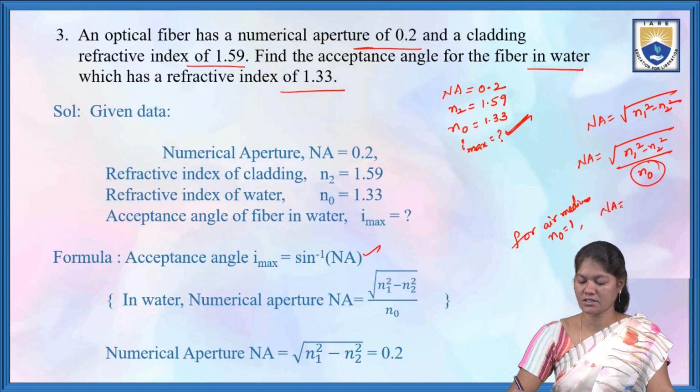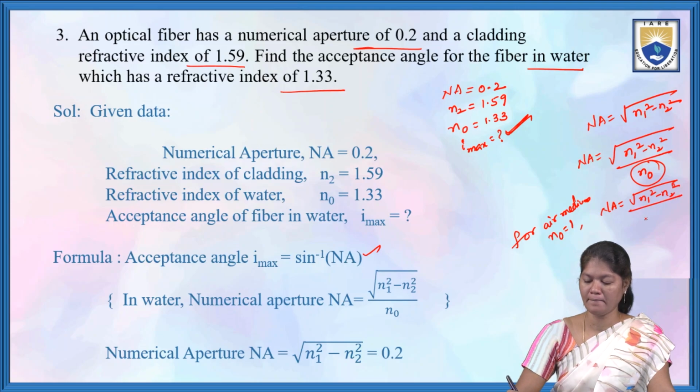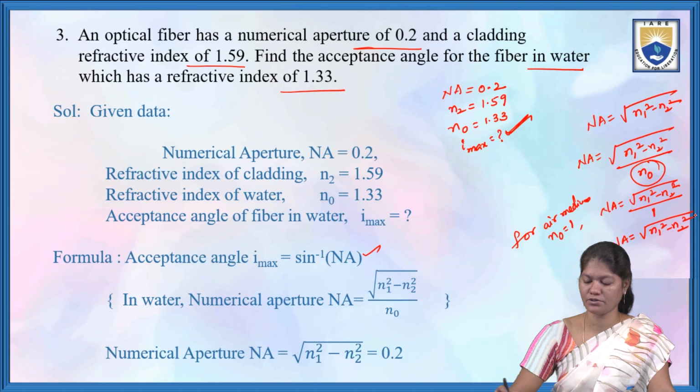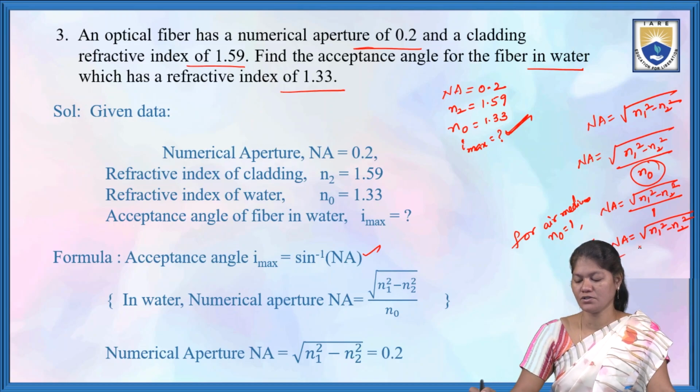So NA is root of N1 square minus N2 square by 1, and the numerical aperture will be root of N1 square minus N2 square. That's why we do it like this.